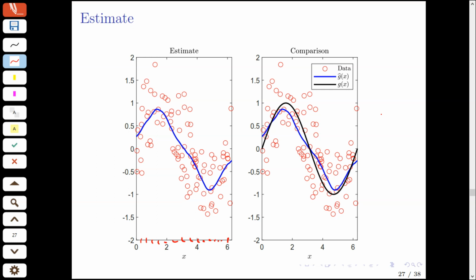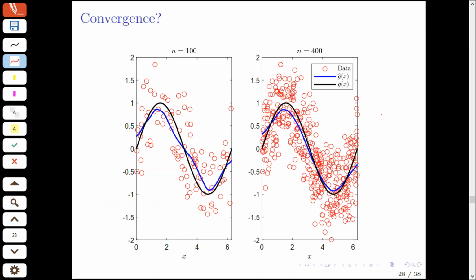So, what about consistency? Is there any sort of convergence going on as promised by the theory? So here on the left-hand side, I'm just repeating the previous plot. And in order to illustrate convergence or not, on the right-hand side, I'm jacking up the sample size from the previous 100 to 400.